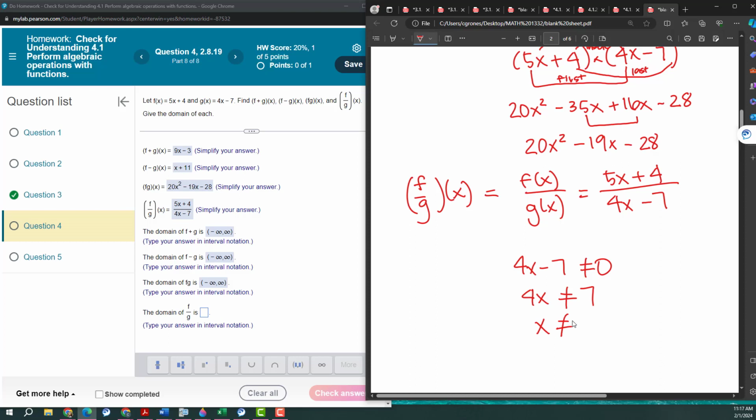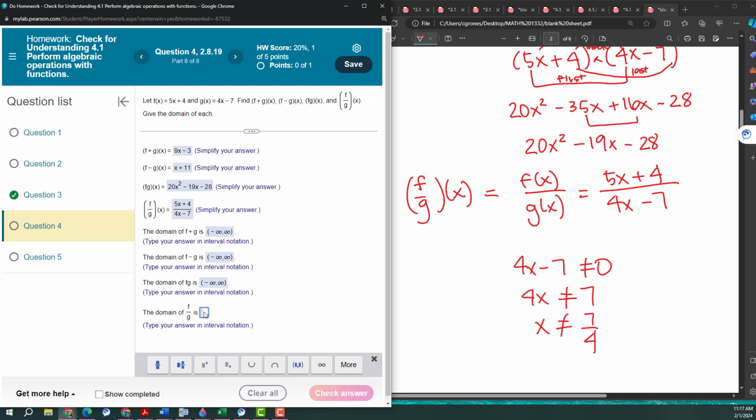That means x cannot equal 7 over 4. So our domain is going to be everything except for 7/4. So 7/4, I'm just going to add it to this. And we are going to union, and then this, and then 7/4, comma, infinity.